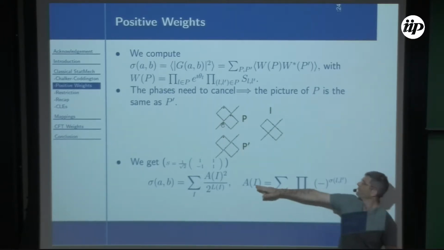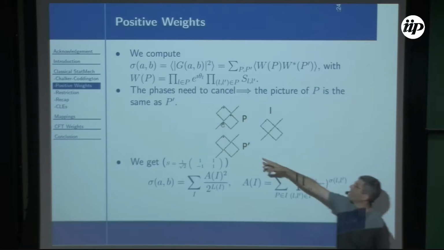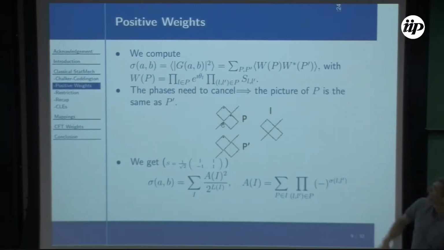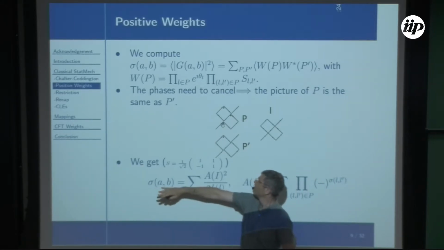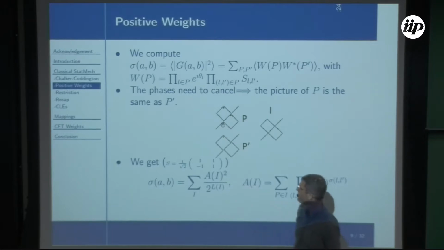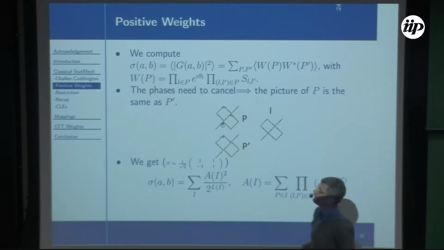So every such picture gets an amplitude, which is a sum over all these paths. Each path is just a sign, which is just taken from this matrix. And the point is that I square that, right? So I have a weight for every picture, which is positive. And this puts this system in the class of statistical mechanics systems.